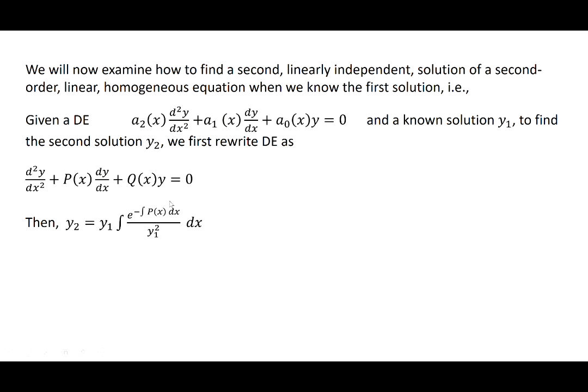So there are some differences, but there are also some similarities. That's the point I'm trying to make. Divided by y1 square. We already know y1, the first solution. So now if you evaluate this integral with respect to x, and multiply by y1, you get the second solution. Cool. As simple and straightforward as that.